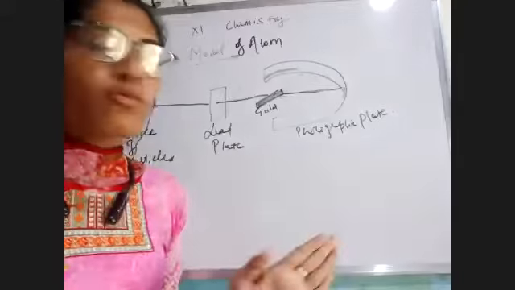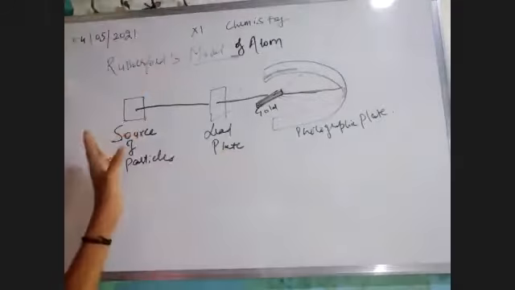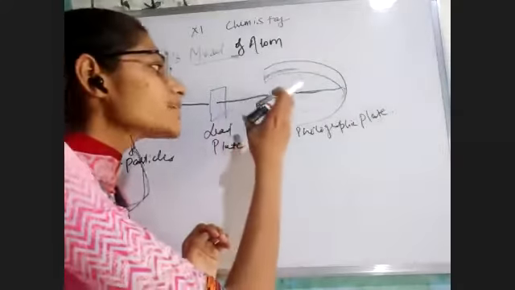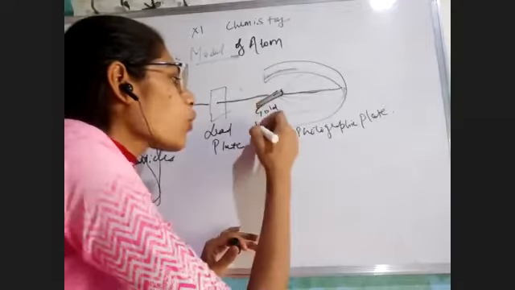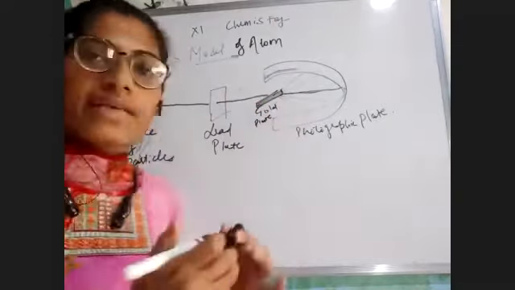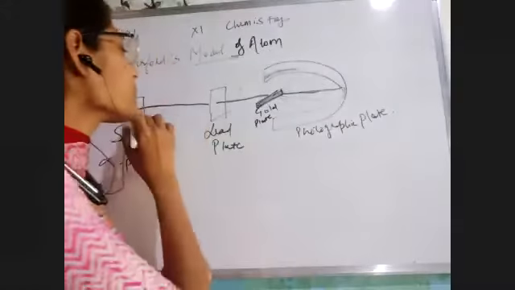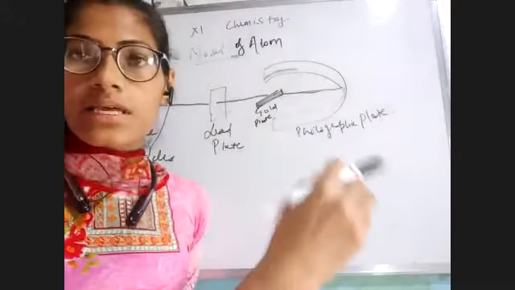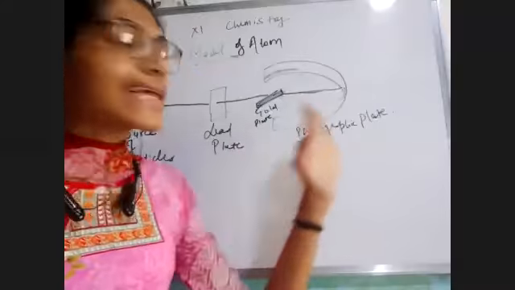Now, what was actually happening? When he started releasing the alpha particles and the gold plate was struck by these alpha radiations, what happened? Most of the alpha particle rays went through smoothly, effortlessly, very easily.